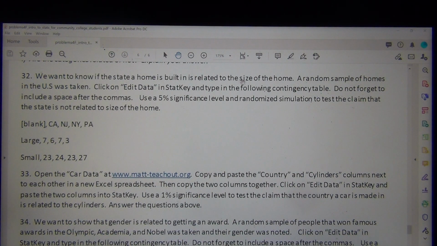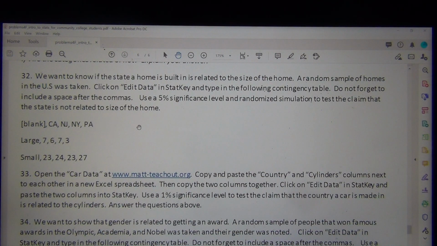The size might have been a quantitative variable, like square meters or square feet, or cubic meters or cubic feet if it was volume, but they've classified it as large or small. So they've taken a quantitative variable and made it into a categorical variable. So this is two categorical variables that we're trying to see if they're related. We're testing the claim that they're not related. Remember, not related is going to be the null hypothesis. Related is going to be the alternative.